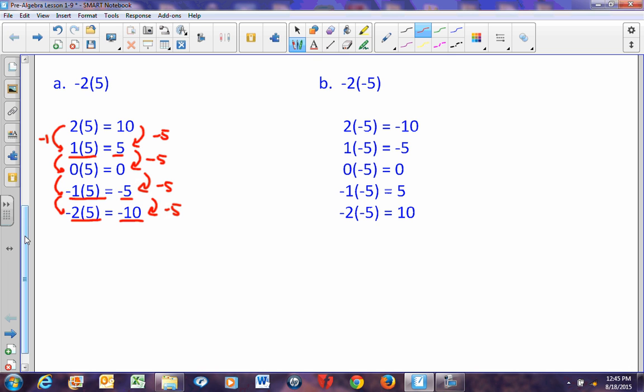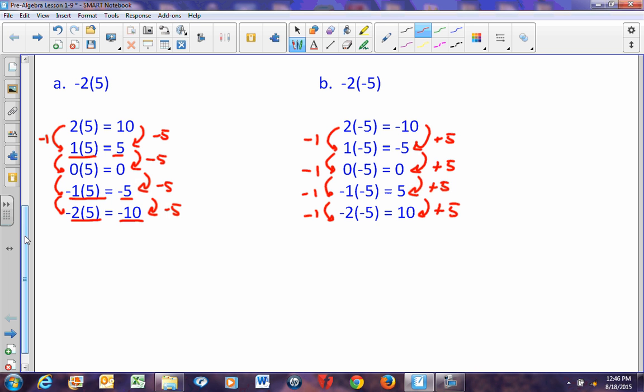We'll start off with a negative times a positive, because we want to look at the pattern again. If I take 2 times -5, that gives me -10. Again, I'm going down by 1, aren't I? Subtracting 1, subtracting 1, subtracting 1, subtracting 1. Here, what happens is we add 5, we add 5, we add 5, and we add 5.